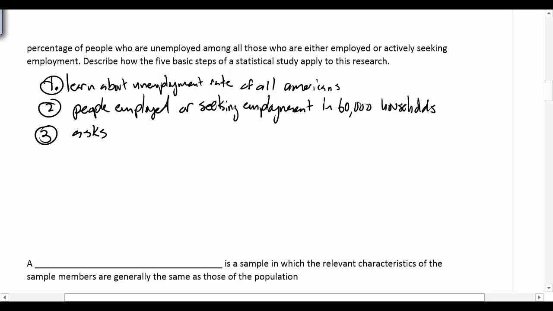All right, so ask questions, and their responses will be the data.